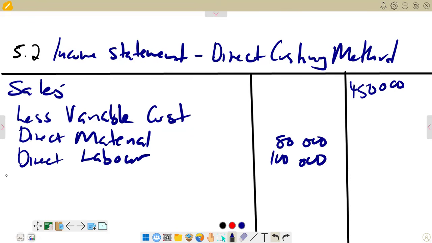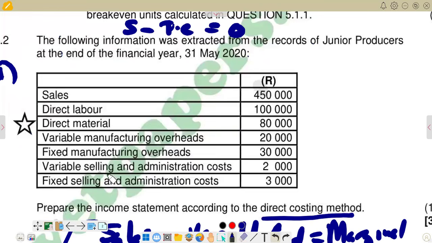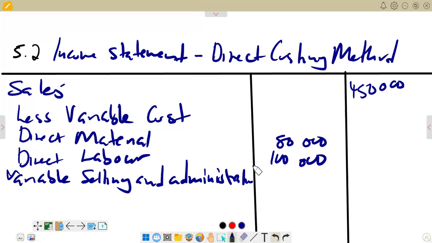And then we also have variable selling and administration. Here you see that the variable selling and administration gives 2,000.